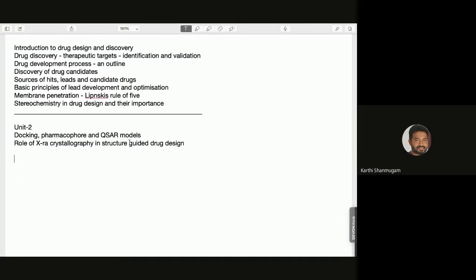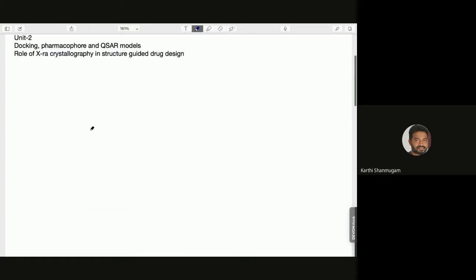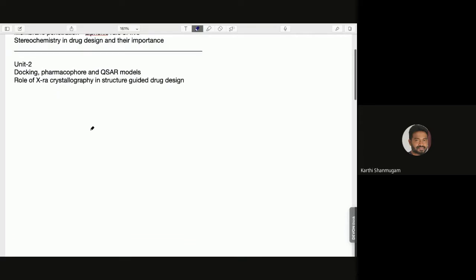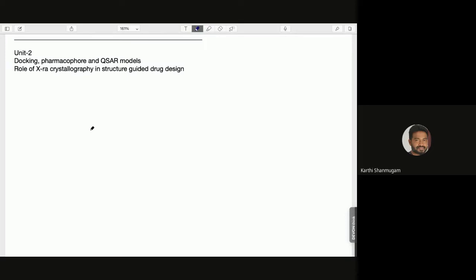So before saying the role of X-ray crystallography in drug design, right? I just wanted to give a very brief introduction about what is meant by computer aided drug design, because all this docking, pharmacophore, QSAR model, all this comes under one umbrella called computer aided drug design.